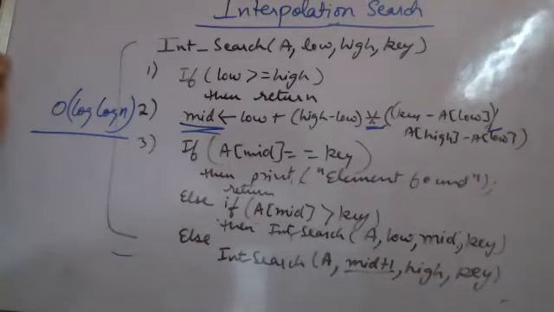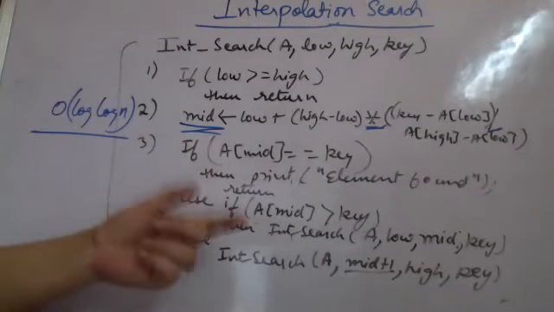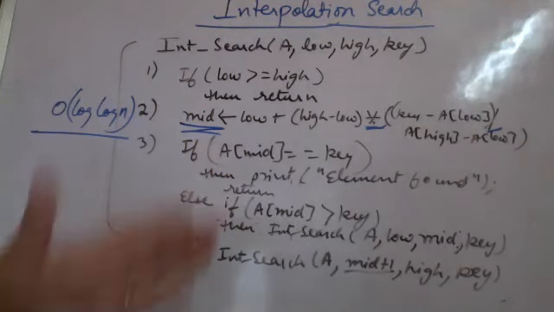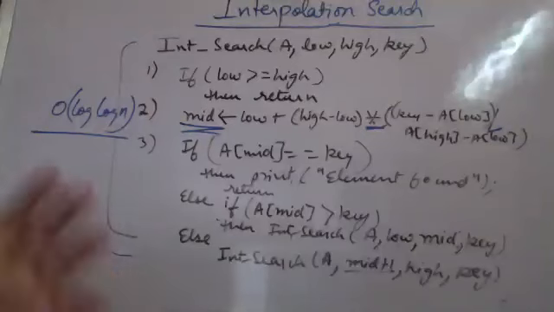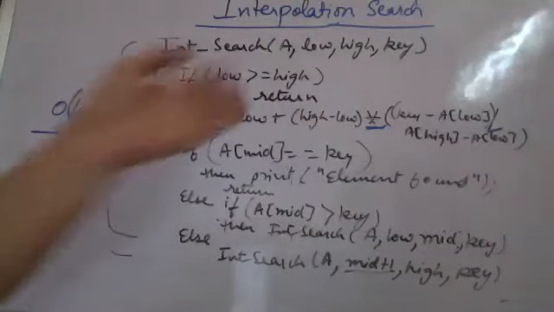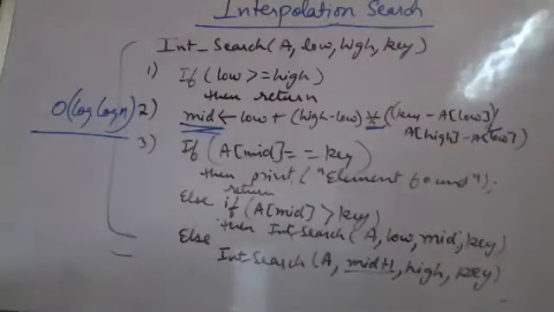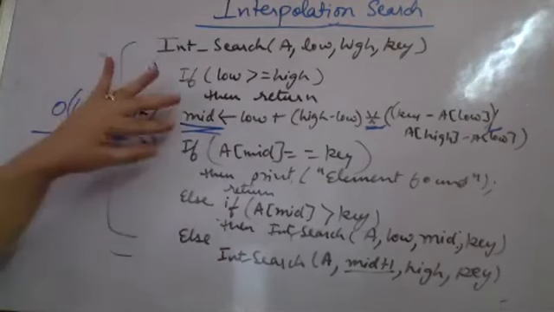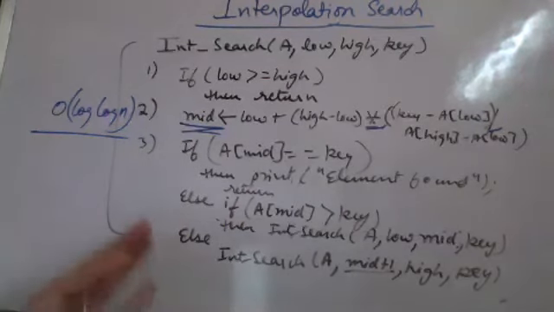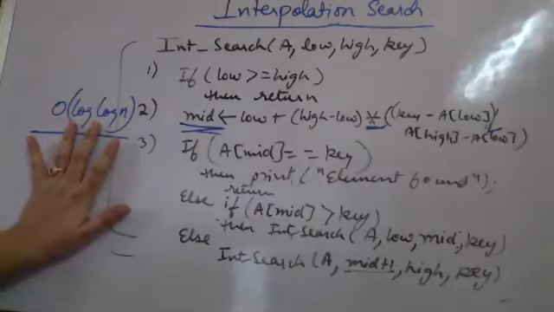In binary search, I only have to do low plus high by 2. That is a simpler calculation, and even the division is by 2. Division by 2 can be implemented in a computer system simply by shifting. Division by any other element requires actual calculation. So this is an overhead. That is why interpolation search is generally not used even after giving better complexity.